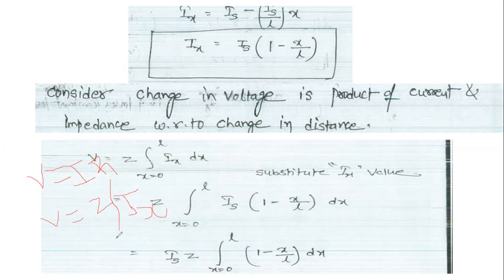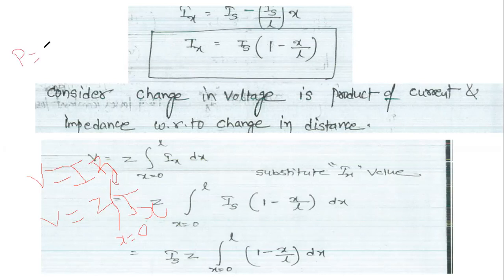Z into I. The integral limits are the length of the feeder, that is 0 to L.